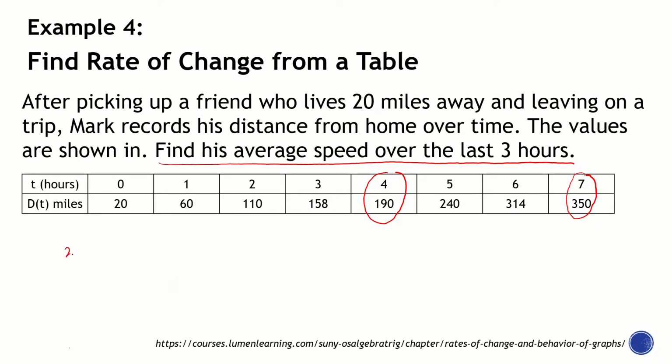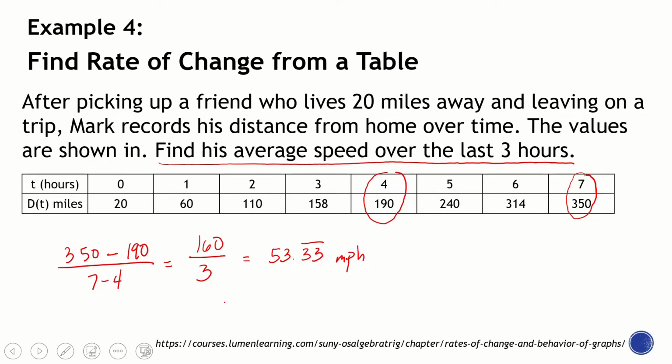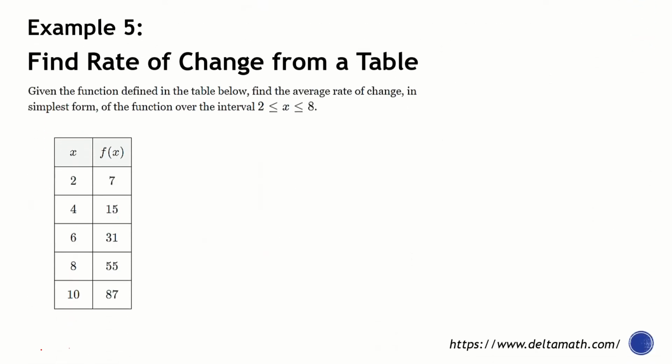So this will be 350 minus 190 over 7 minus 4, which is equal to 160 over 3, and this is approximately 53.33 miles per hour. All right, let's go to the next one.